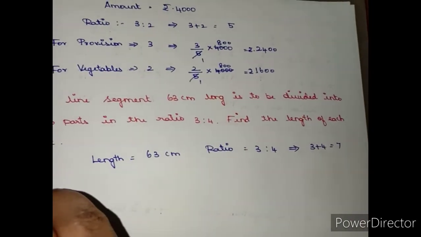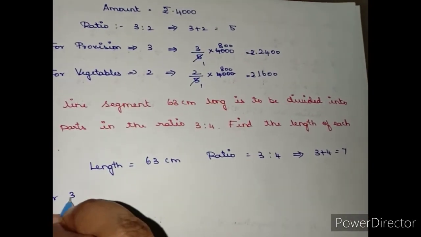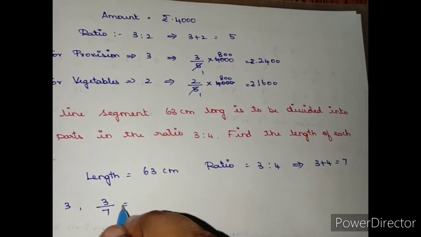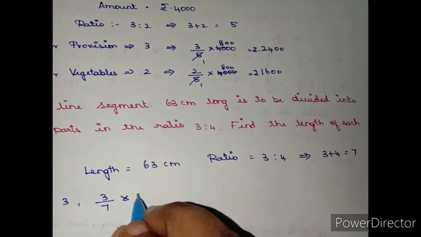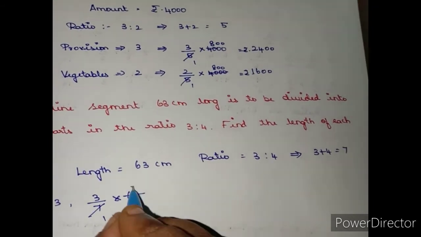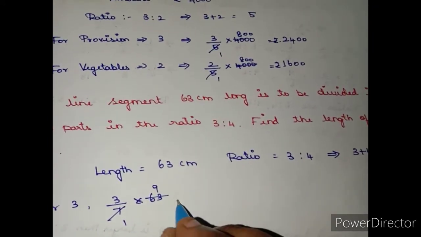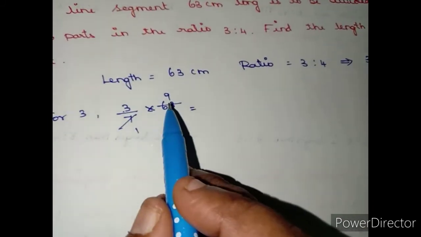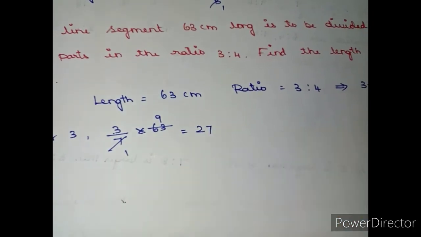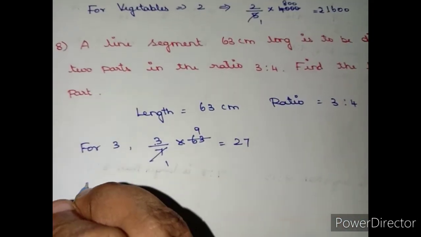So for 3 by 7 into total length 63. 7 ones are 7, 7 nines are 63. Then 9 ones are 9, 9 twos are 18, 9 threes are 27.